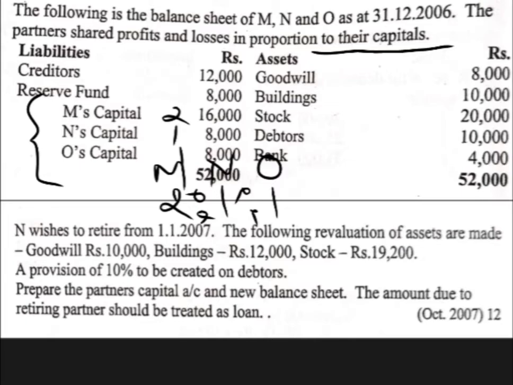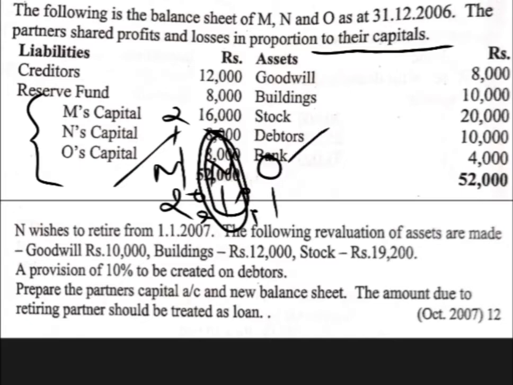So now here among the three partners, N is retiring. So they have given in this question only the old profit sharing ratio, which means that case 2 is applicable. So what does case 2 say? The new profit sharing ratio between the remaining partners itself is going to be the gain ratio. If among the three partners M, N, O, N is retiring, who are the remaining partners?